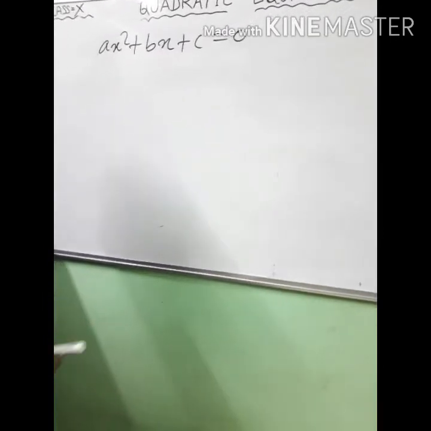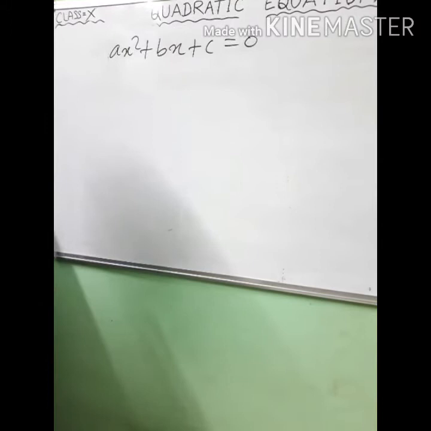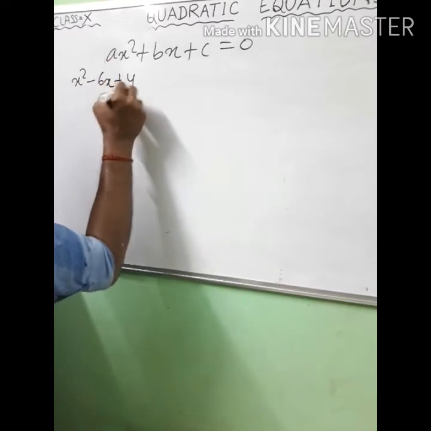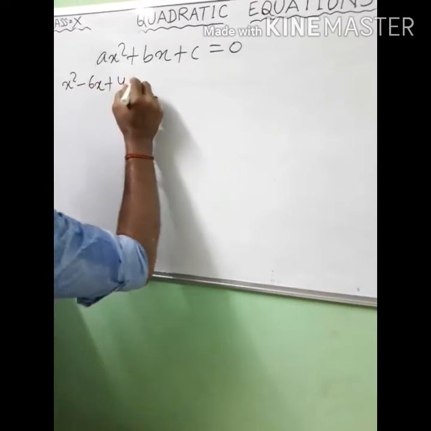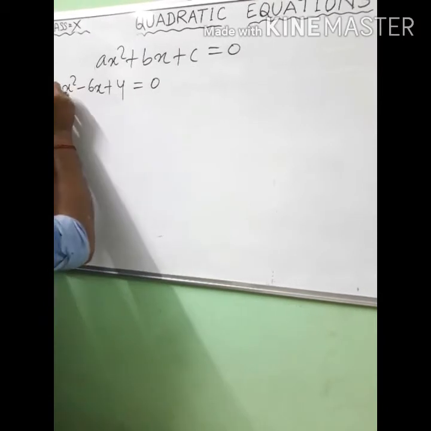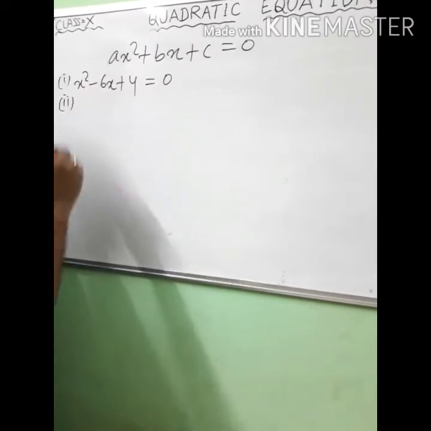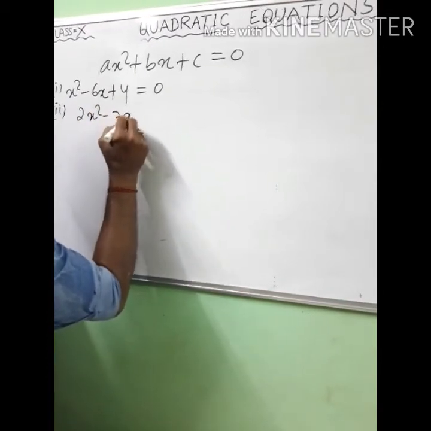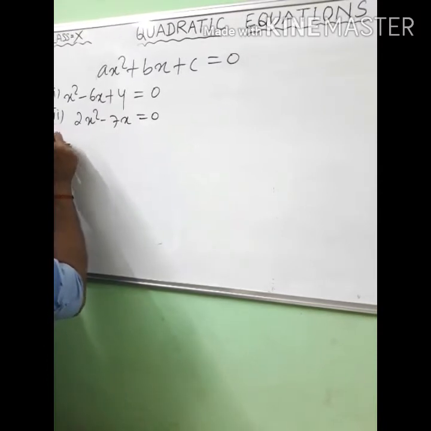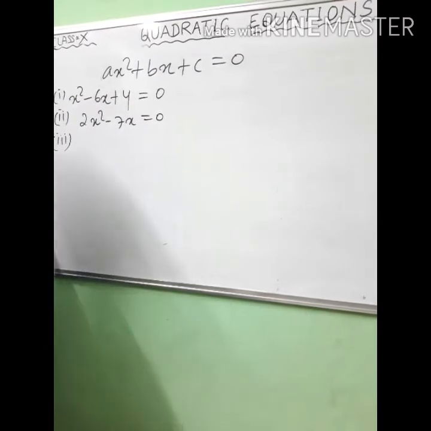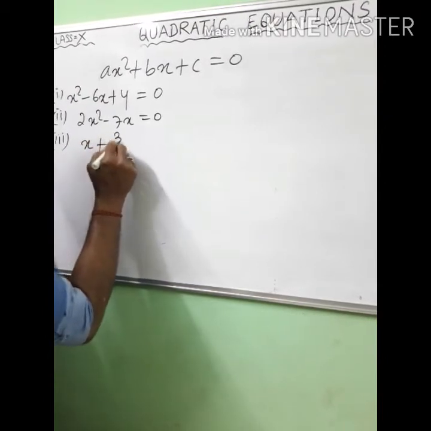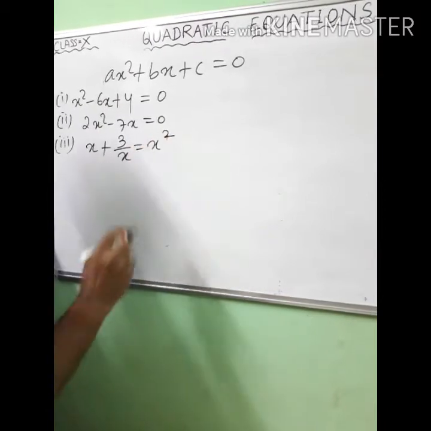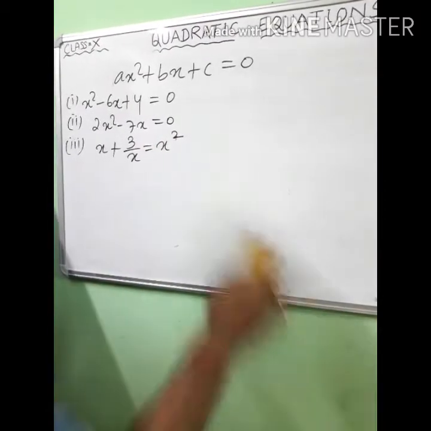The first example is x square minus 6x plus 4 is equal to 0. Second, 2x square minus 7x is equal to 0. Third one is x plus 3 by x is equal to x square.